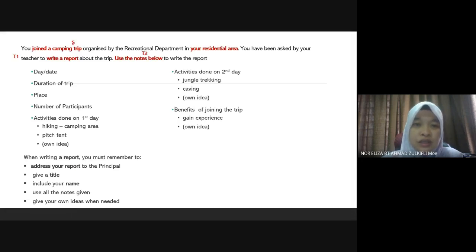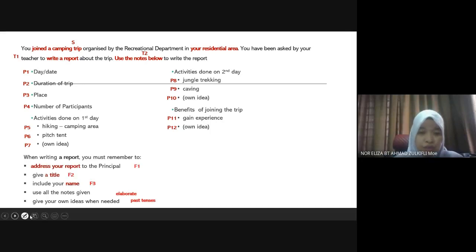Situation, and then task number 1, and then task number 2. And then you are given all the points, the 12 points, remember? Point number 1 until point number 12.